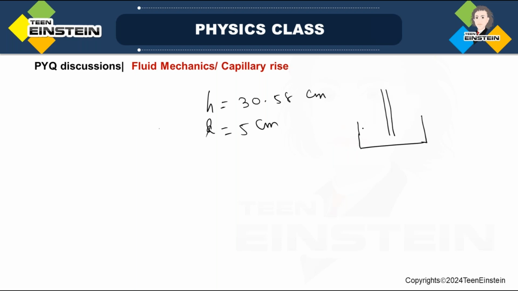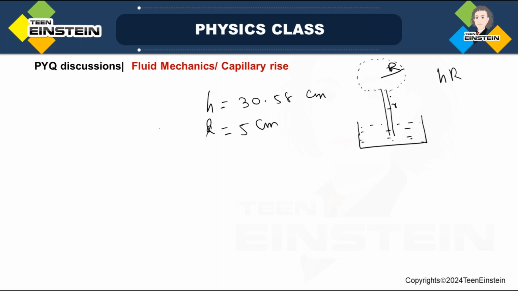In that case, liquid goes up to the upper end and then it spreads out, such that h, the height, into R, the radius of the meniscus. Sorry, this is capital R, and this has got smaller radii. So this capital R is the radius of the meniscus.